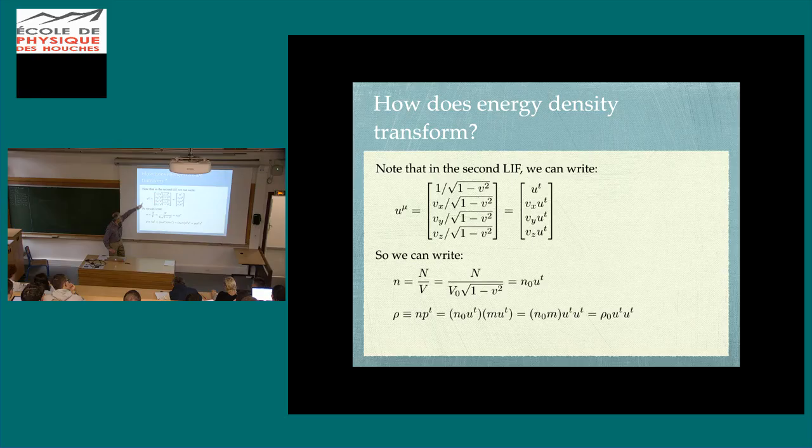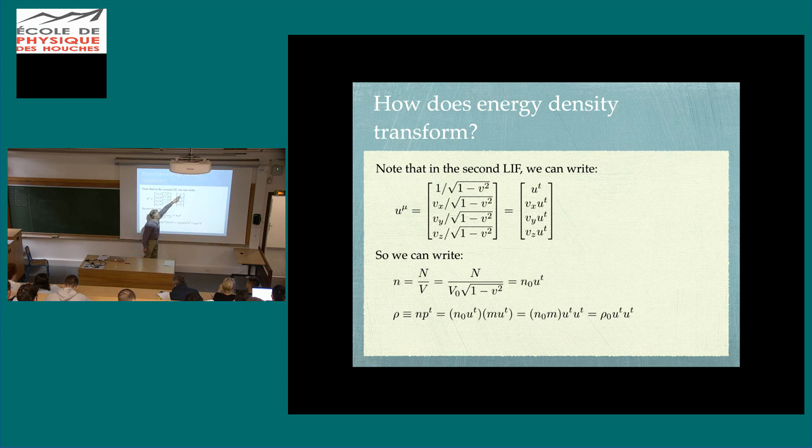So in that second locally inertial reference frame, we can write the 4-velocity of the dust particles in the region that we're talking about this way. This is the standard 4-velocity in a Lorentz flat space-time background.